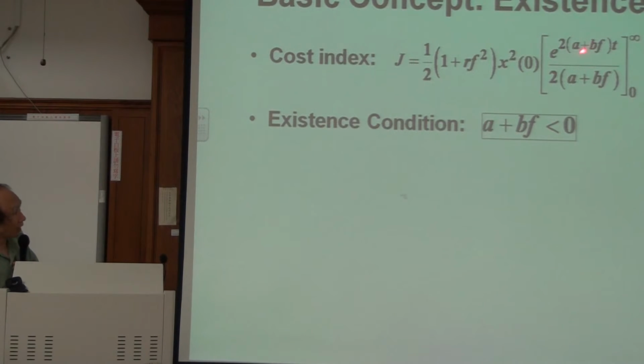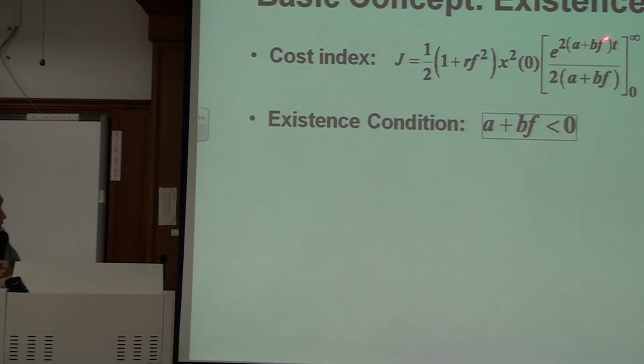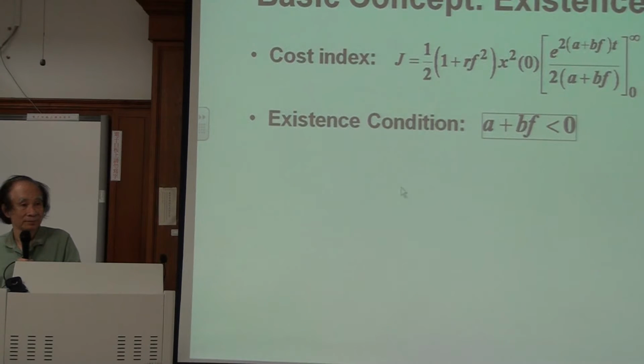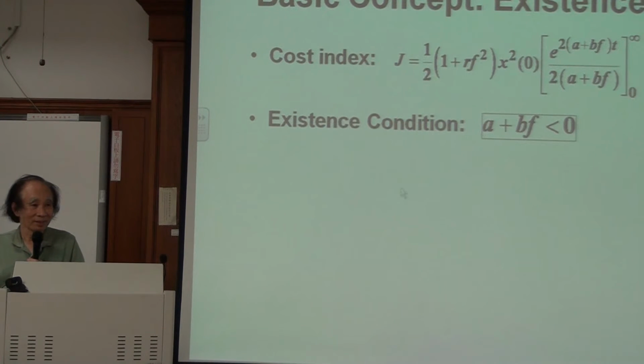So we have to have A plus BF less than 0. I don't care what B and A I have, my A plus BF must be less than 0, because otherwise this cost index won't exist. Understand? Any problem?